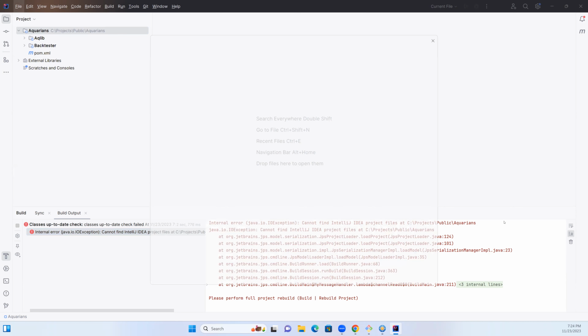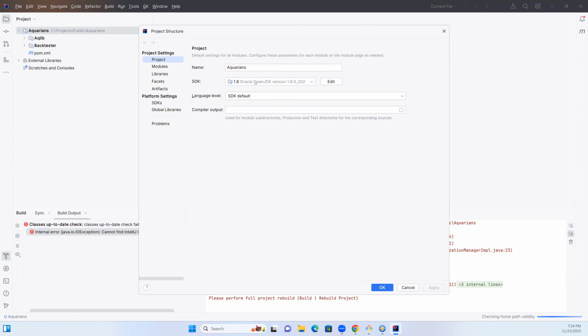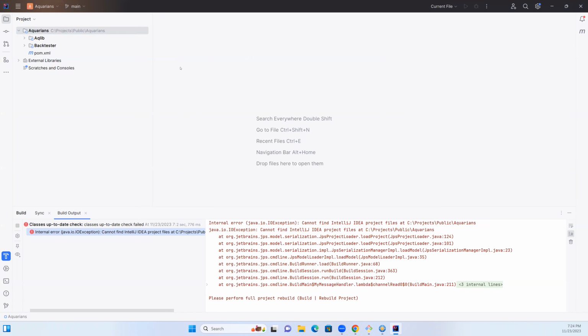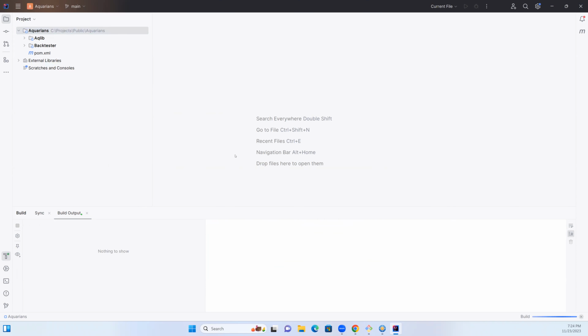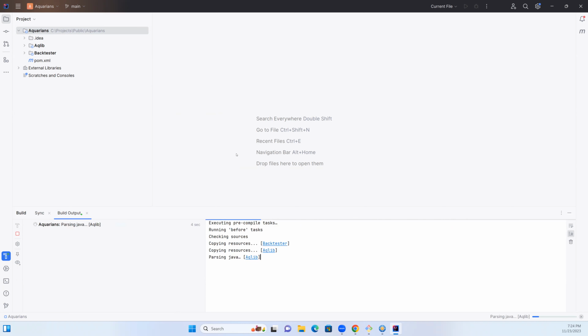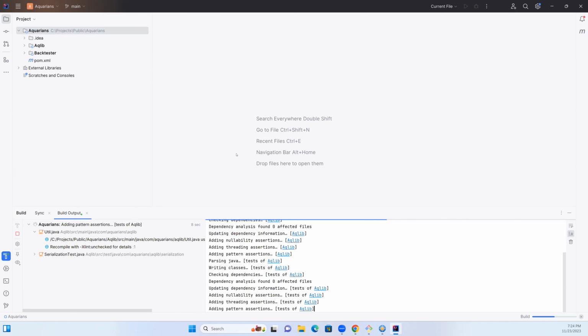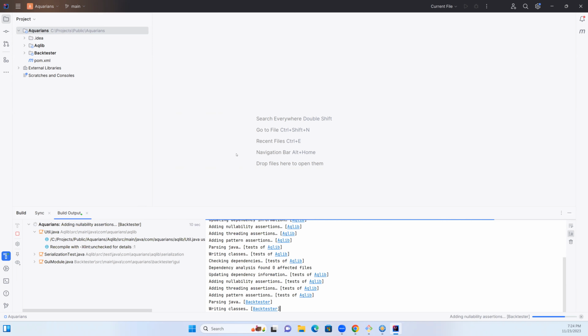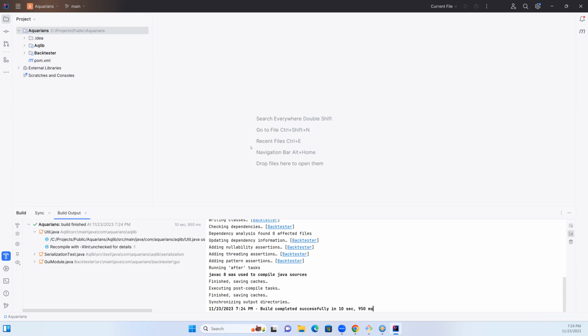Project structure. So we are using Java 1.8. Build. Yeah, we have build.